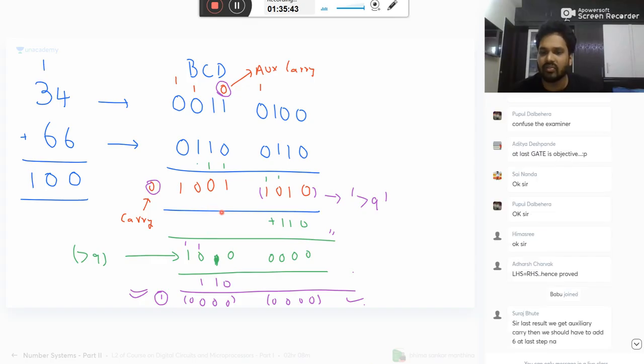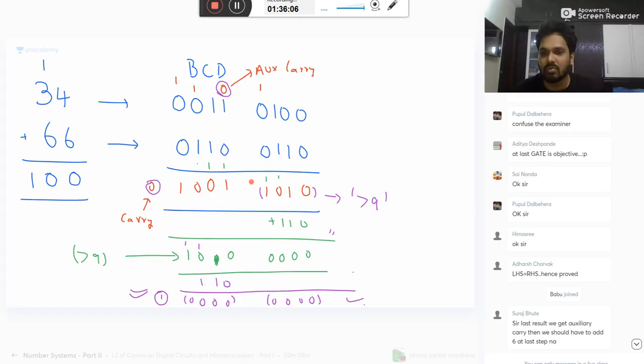First listen when I am explaining, then ask your doubt. Suraj, the second time you add, don't check the auxiliary carry. Second time you add, don't check anything. In the second addition, check only whether it is greater than 9; if so, add 6. That's why I said you make your own rules.